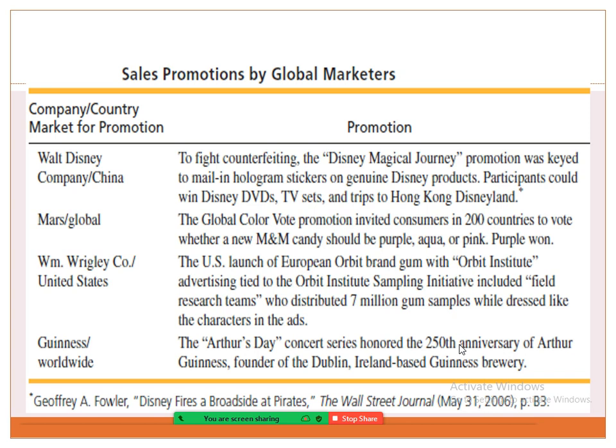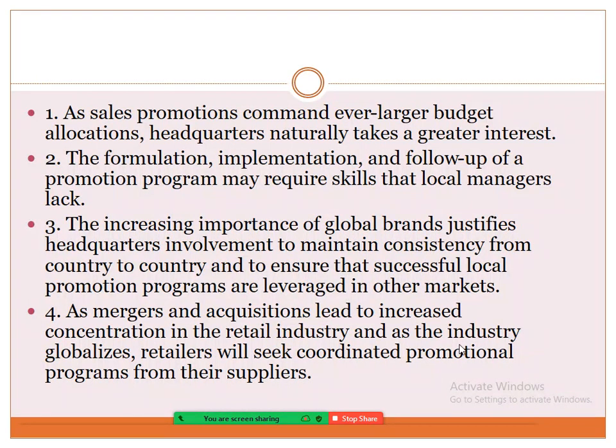So that was the contest and advertisement done by Mars Global. Also, we have Guinness, that is worldwide. The Arthur Day concert series honored the 250th anniversary of Arthur Guinness, founder of the Dublin, Ireland-based Guinness Brewery. So these are the various sales promotion activities done by the global marketers.